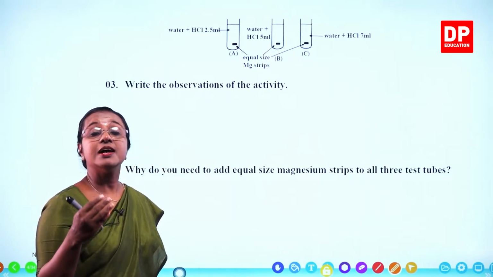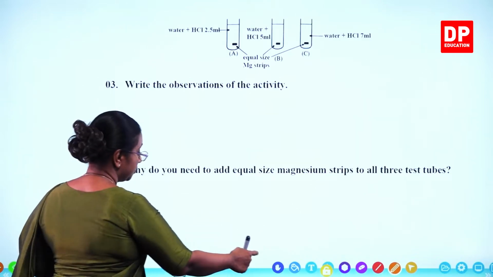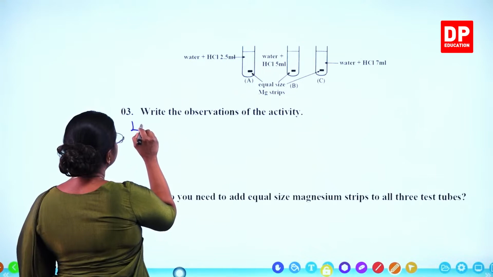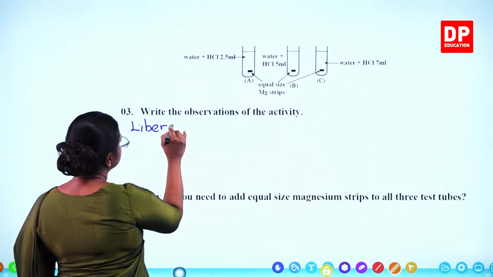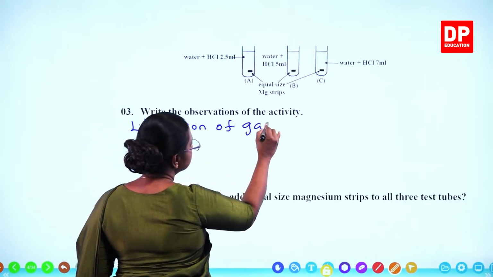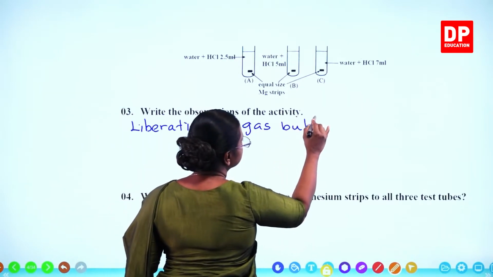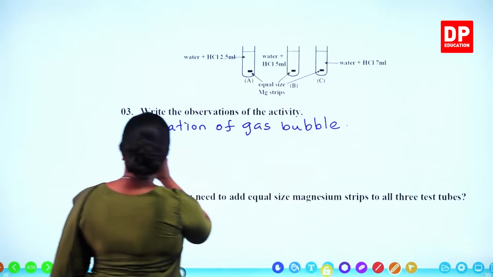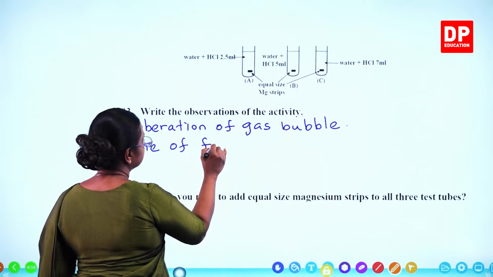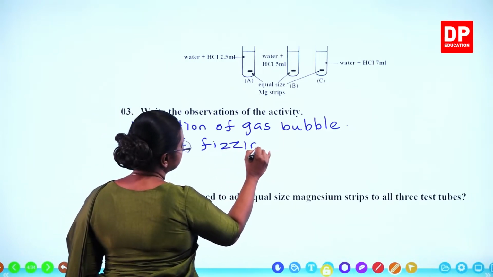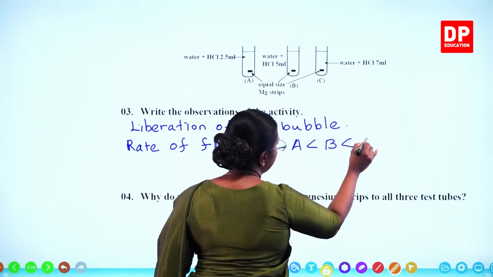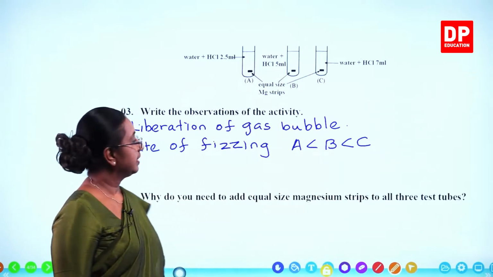C will show the highest rate of fizzing. So you will see liberation of gas bubbles and the rate of fizzing will be A, B and C. That is the observation.